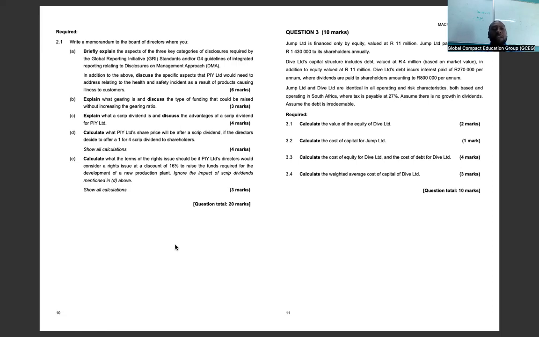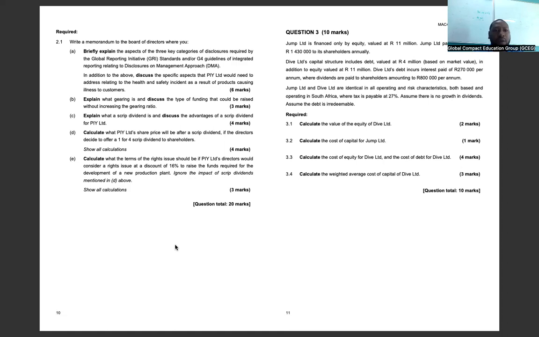So the advantages are, during the time you want to distribute your dividend, where you have a scrip dividend, it may seem as if you've declared a low dividend per share, but investors have more shares now to receive that little on, so it appears little, yet they're receiving a lot of money, and many other advantages you can think of as well.